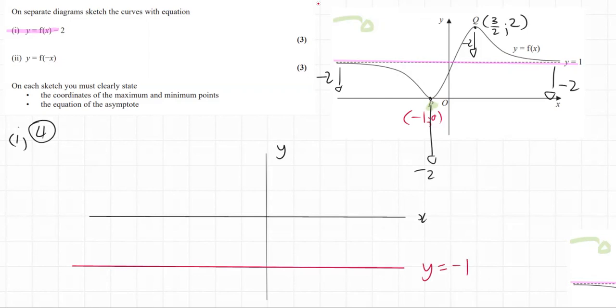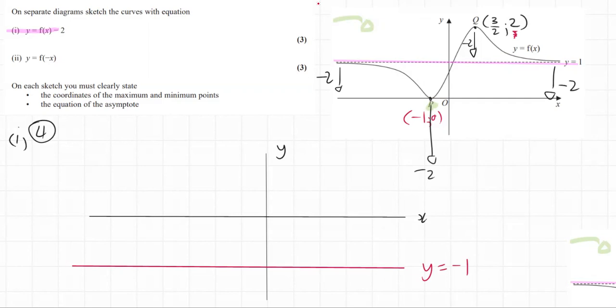And then our minimum and maximum points that were given: Q, his y value was 2. So 2 minus 2, you're going to end up at 0.